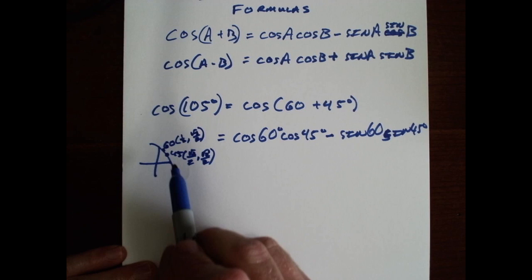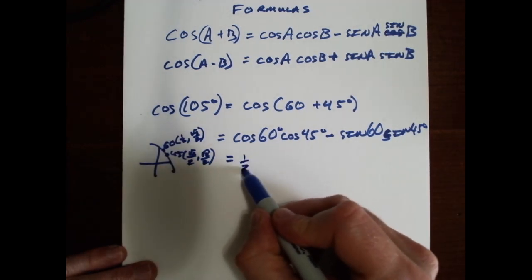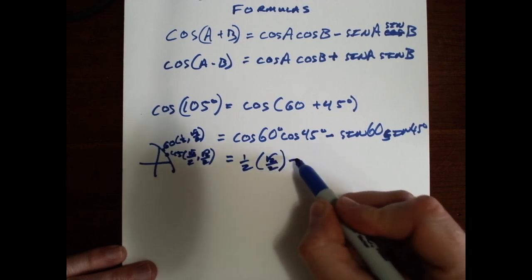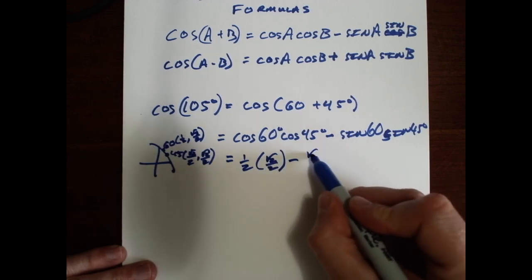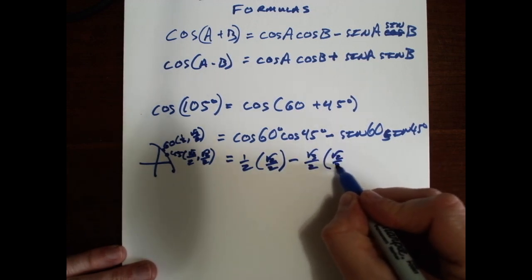Now we just use those known values on the unit circle to finish this evaluation. Cosine of 60 is 1/2, cosine of 45 is root 2 over 2, and then minus sine of 60, which is root 3 over 2, and sine of 45, which is root 2 over 2.